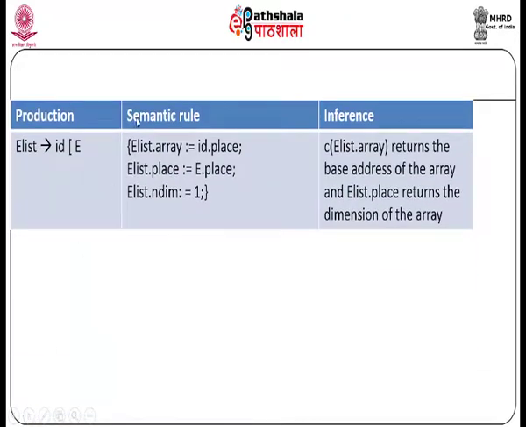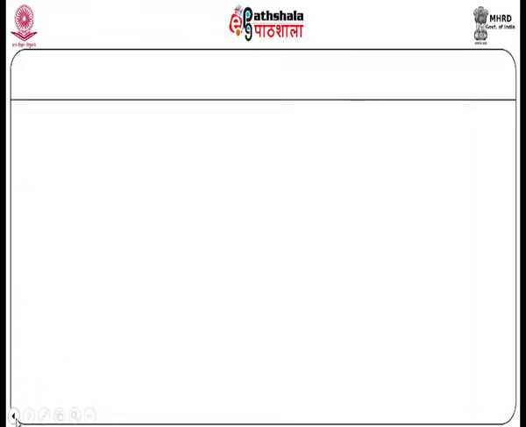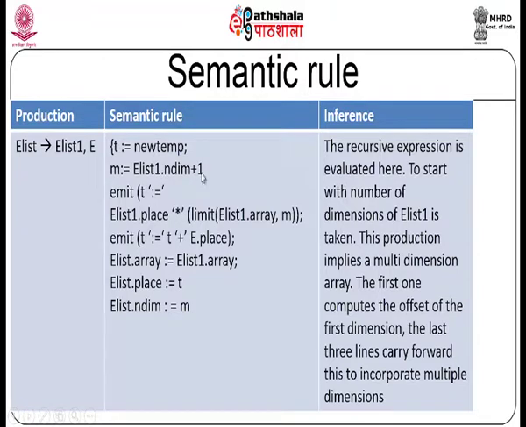So the last one is this one where I have E list produces id followed by open parenthesis e. So in this case E list.array will be id.place, that is the base address, and E list.place will be e.place referred to by e, and E list.ndim is equal to 1. So this is where it starts at 1. And the previous one, if you could remember, E list.ndim is incremented by 1.